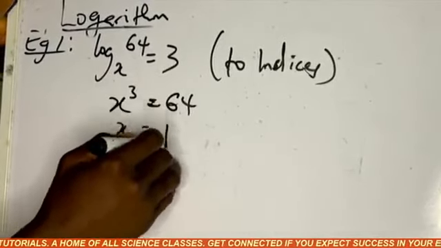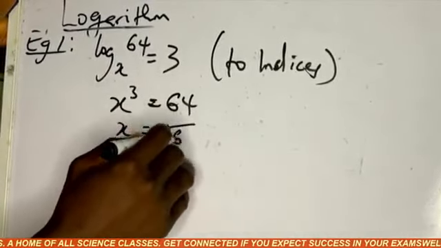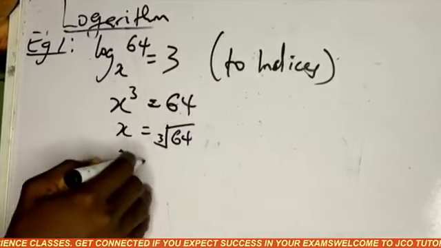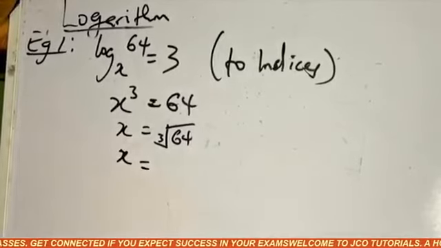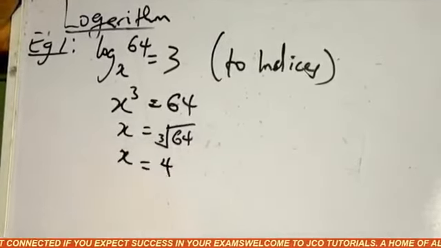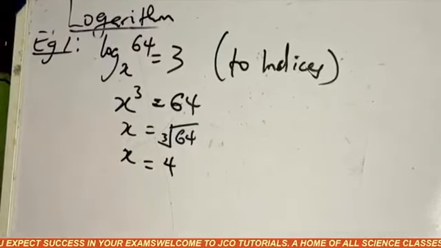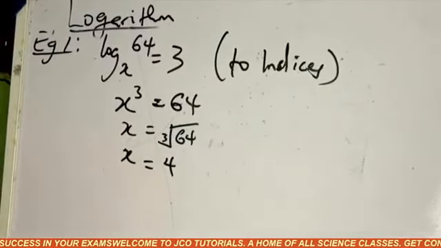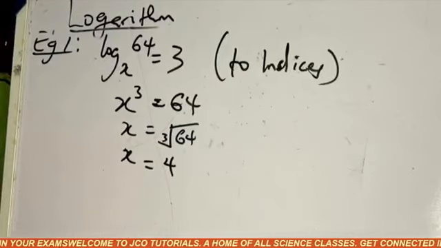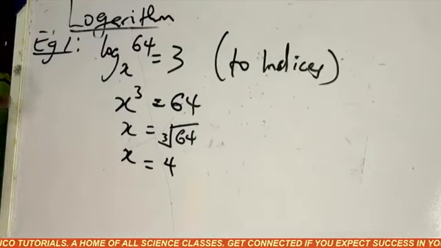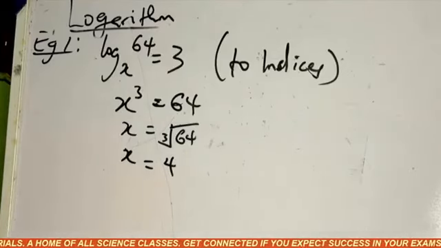It becomes the cube root of 64. The cube root of 64 is simply asking you the number you're going to multiply in 3 places to give you 64, which is 4. Please take notes. You must understand indices very well to deal with this kind of mathematical problem. You also need to learn your powers, how to deal with squares. That's how you're going to be able to deal with these kinds of issues.